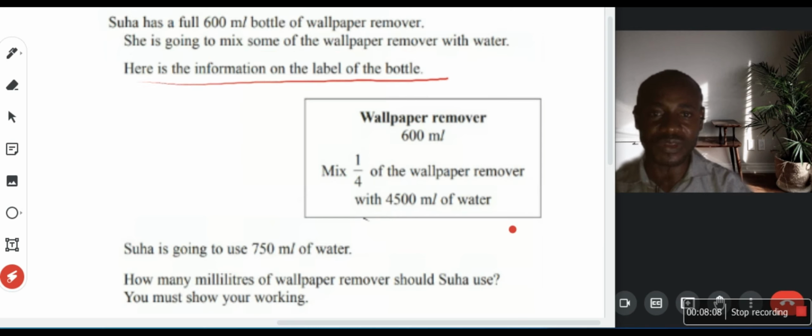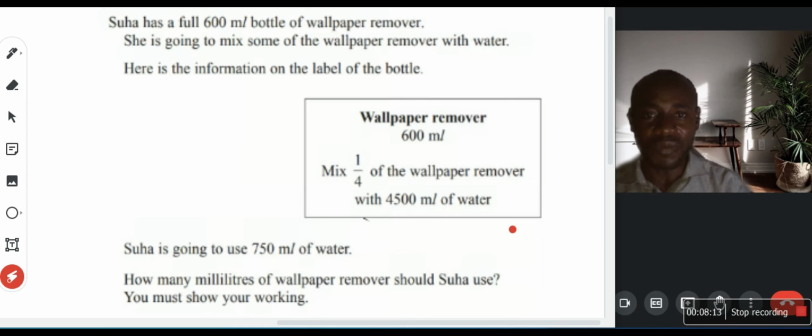Here is the information. Mix 1/4 of the wallpaper remover with 4,500 milliliter of water. The wallpaper remover is 600 milliliter.